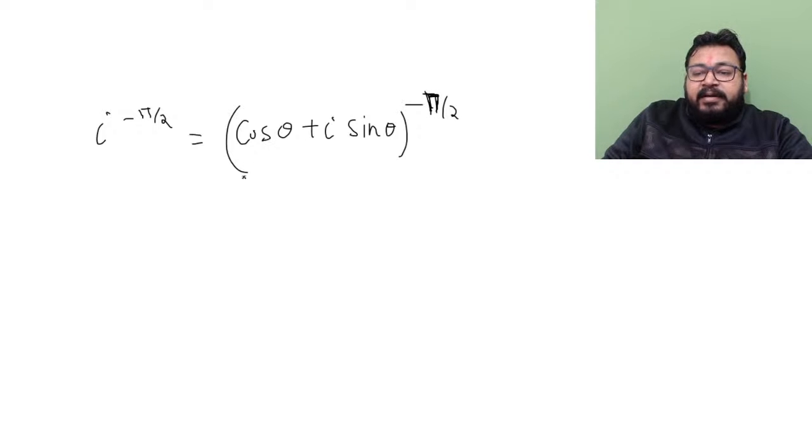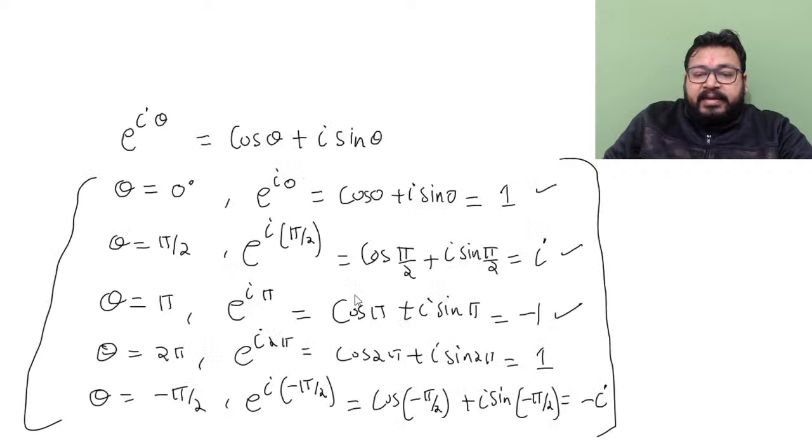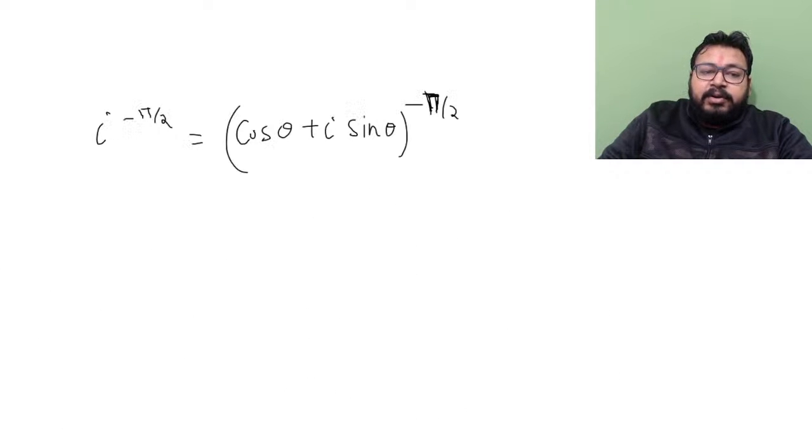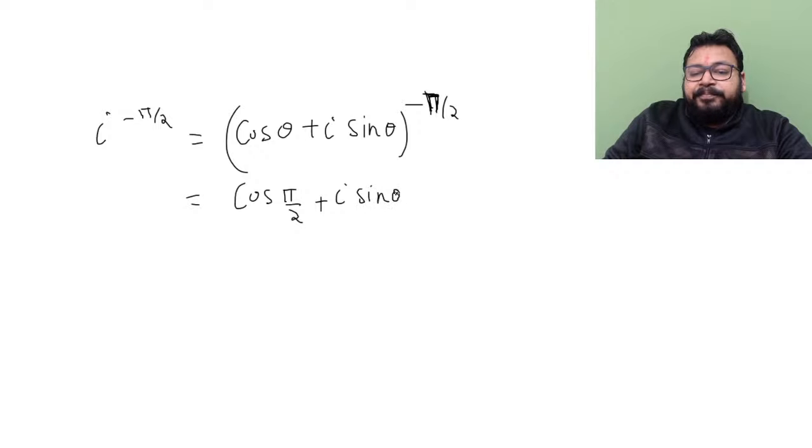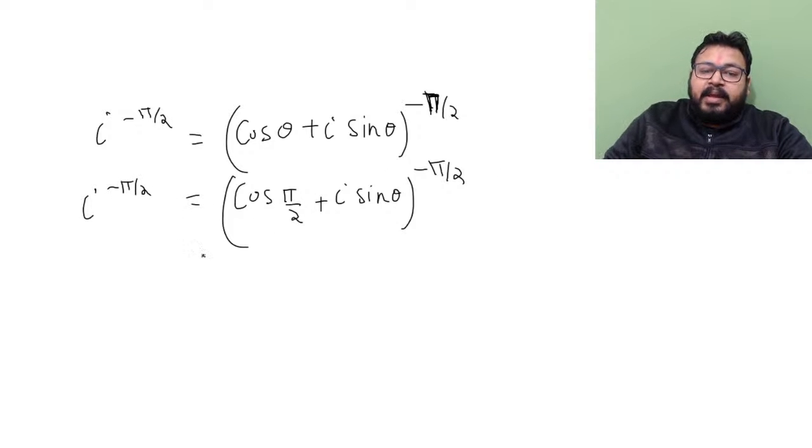And what is theta here? What have I written for iota? Iota will come when I put theta as pi by 2. So theta here will be pi by 2: cos 90 plus iota sine 90. So whether I write iota to the power minus pi by 2 or I write this, it is one and the same thing.